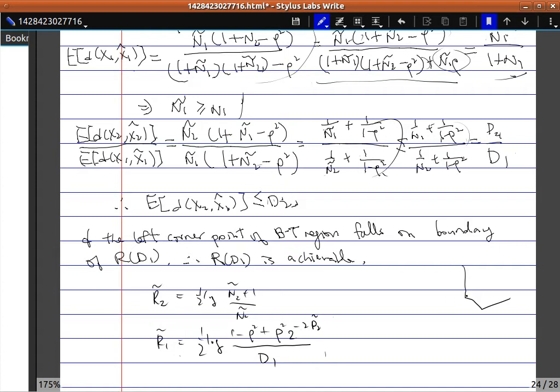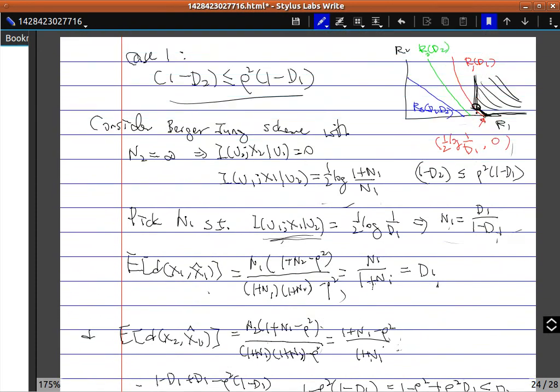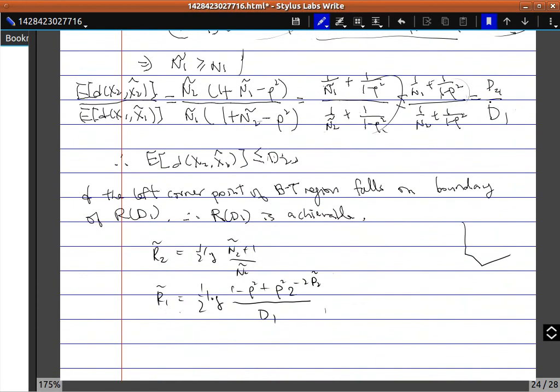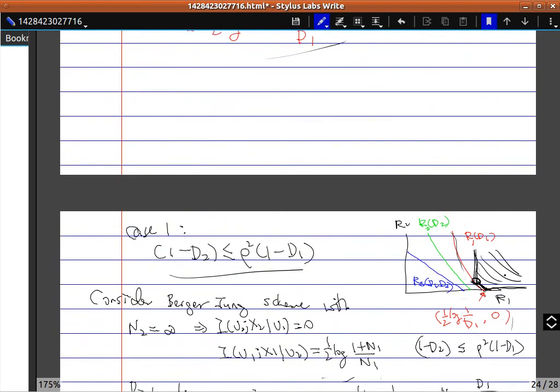So that means that the left corner point is actually touching the boundary of this R1 D1 here. Therefore, if we decrease n2 and correspondingly increase m2 such that the distortion for x1 is satisfied, the left corner point of the corresponding region just traces along the path of the boundary of R1 D1.